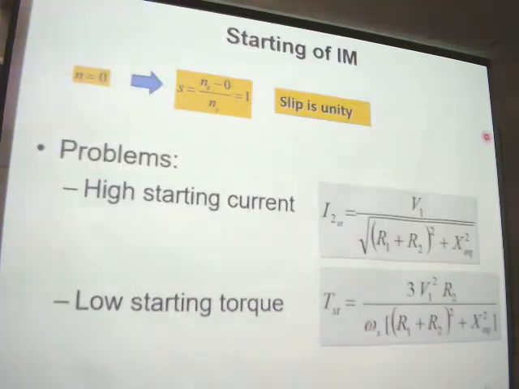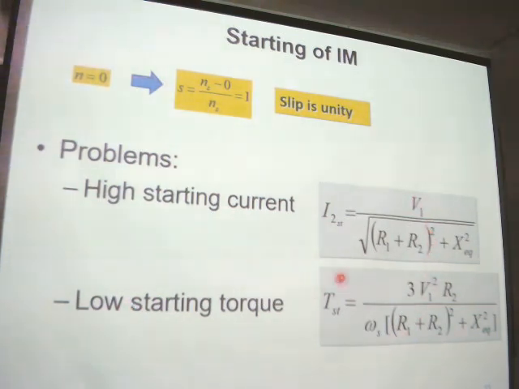You see here this equation. Why use reducing voltage? Because if the stator voltage is low, the starting current will be low. So the first method we can imagine is to reduce the voltage.